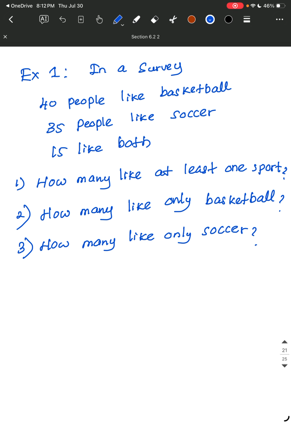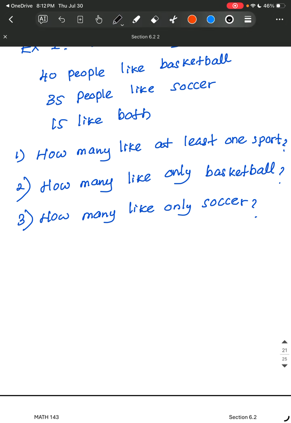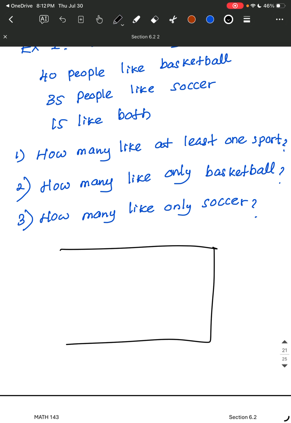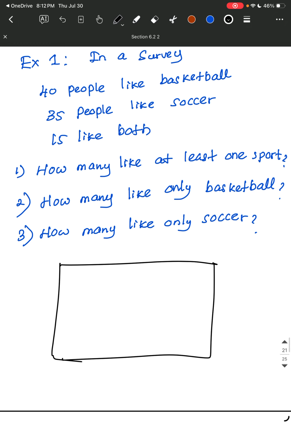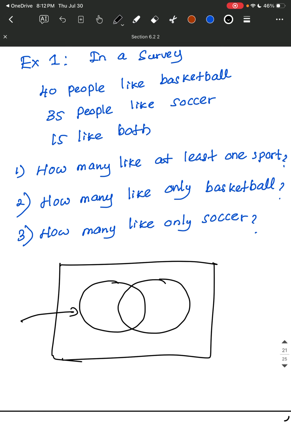Pause the video and solve. The answers, I would encourage you to draw the Venn diagram first. We have 2 sets, basketball and soccer, right?